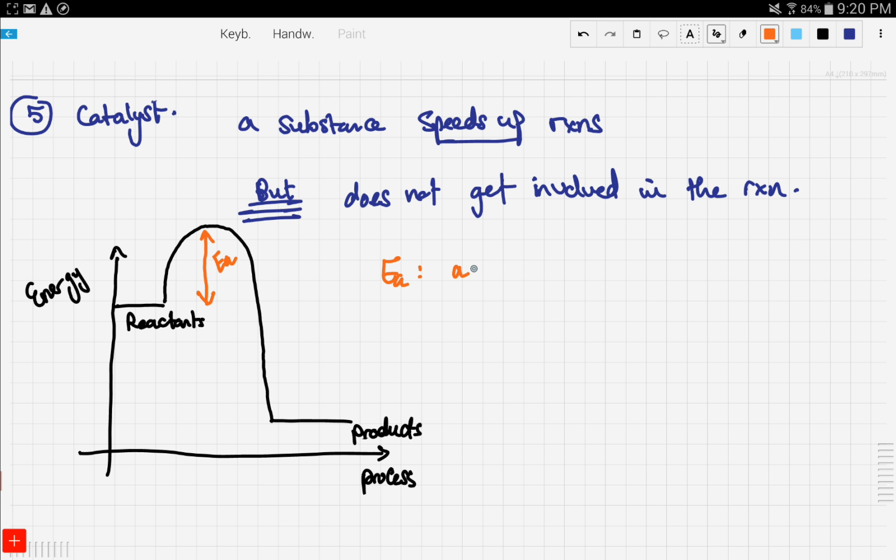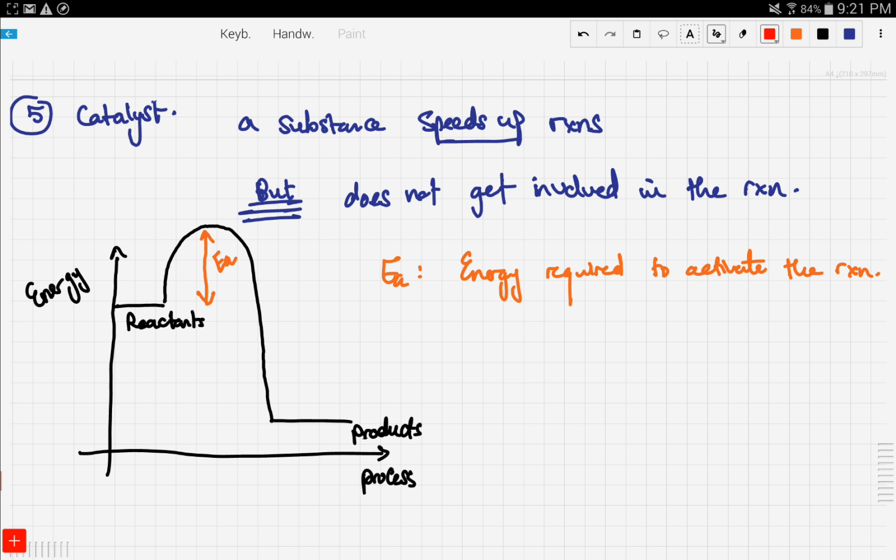Activation energy is basically the energy required to activate the reaction. But still, I don't get it. What the hell is activation energy? Well, it's the energy to get the reaction going. This is the starting energy, okay?